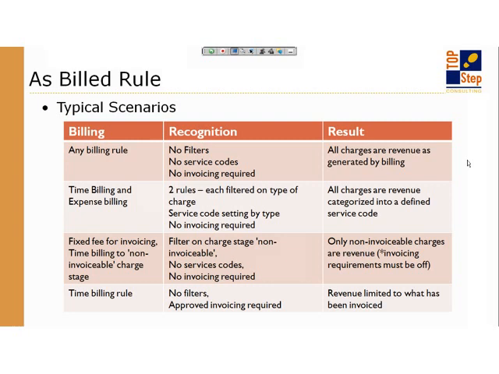So what happens is the recognition rule, the as-billed rule, can be picked up, but you can actually tell it which of the charge stages to pay attention to. So here it's going to ignore anything that actually is being invoiced. It's only going to look at the non-invoiceable stage. And I'm not going to say invoicing is required because it would never be on an invoice. So in that situation, I only pick up the non-invoiceable charges for revenue, and as a safety check I can also say I only want to make sure I pick up hourly items.